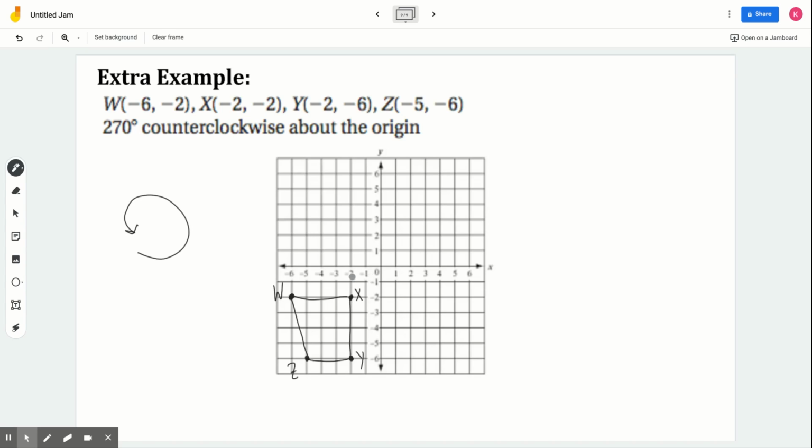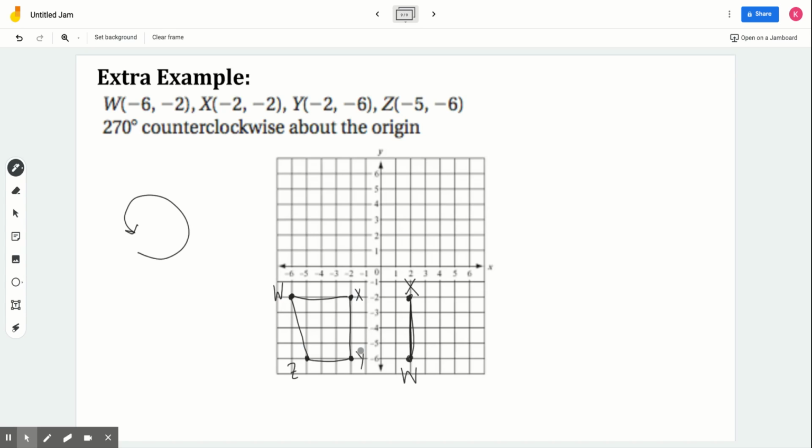So X is at -2, -2. So we're going to move X to 2, 2. So this is going to be my first part of my rotation. Here I'm at -6, -2. So I'm going to move to -6, +2. So keeping that straight line, the longer side, against my axis.